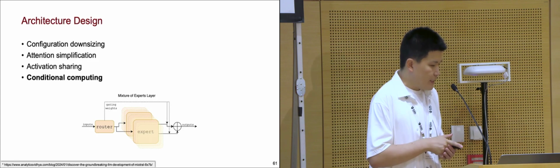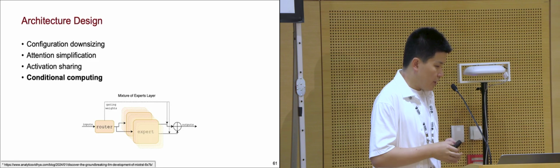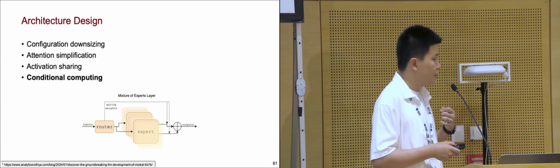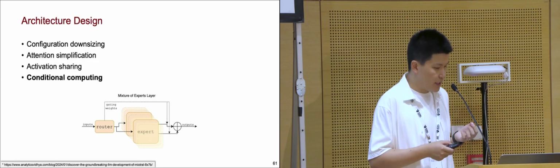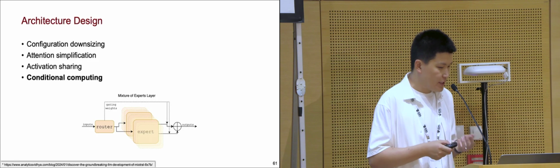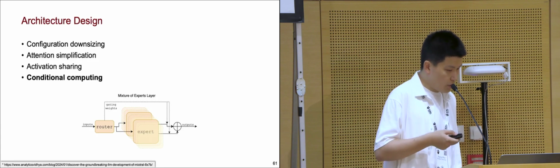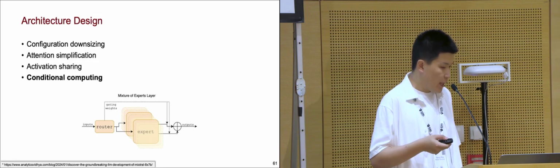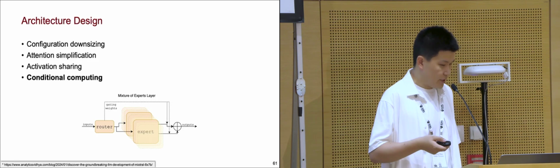Okay. The next part is called attention sharing. For example, by default, we use multi-head attention calculation, but some people have proposed a grouped-query attention technique, which allows sharing partial keys and values between a group of queries. And in multi-query attention, all these queries share the same keys and values.